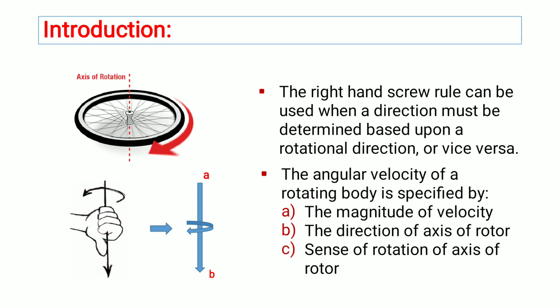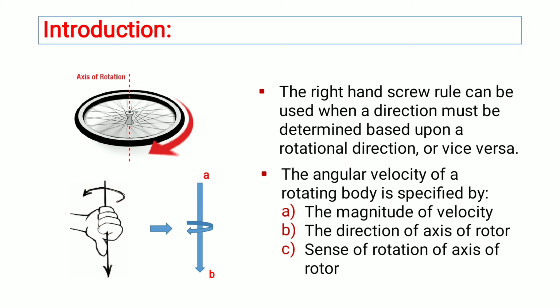That means if we know these three things, magnitude, direction, and sense of rotation, then we can represent angular velocity by a vector. As seen in the figure, here we have considered one wheel.